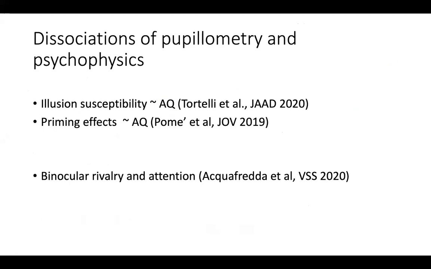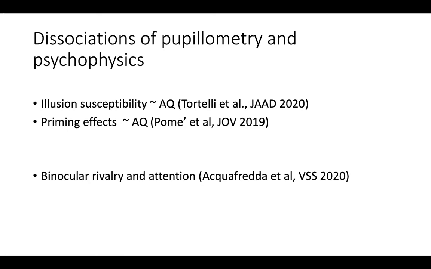I won't have time to go into these specific studies, but I'll mention that it is often the case that our pupillometry measurements give results that are in line with the predictions of perceptual variability with autistic traits. And that's for illusion susceptibility, but also for the use of prior information like priming effects.